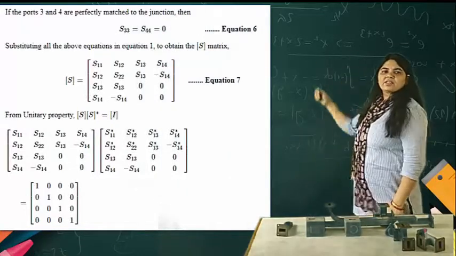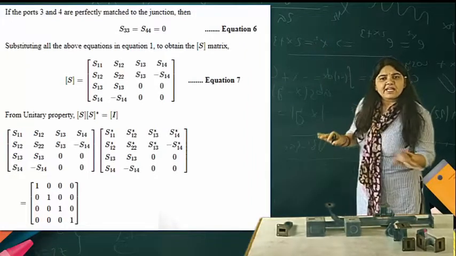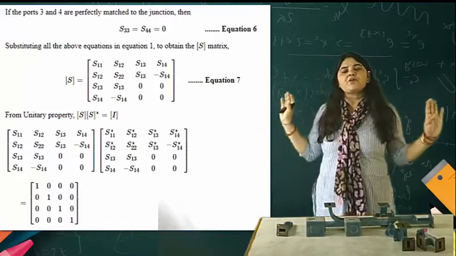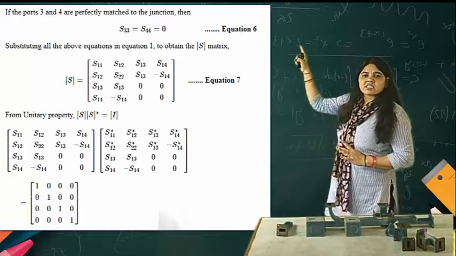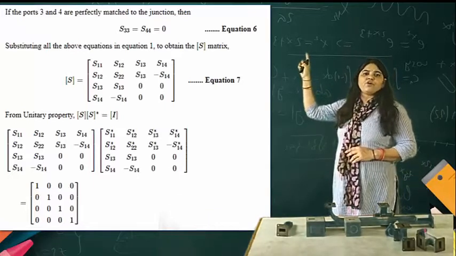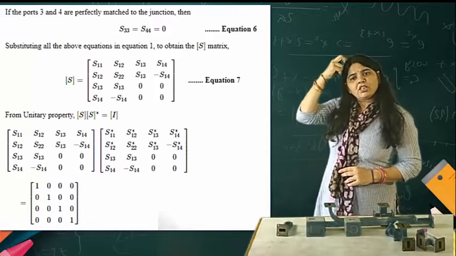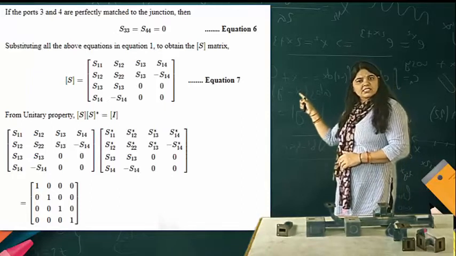If ports 3 and 4 are perfectly matched, there is no output from that particular port. So you can say that S33 is equal to S44 is equal to 0. Now putting all the values in, you get equation number 7.